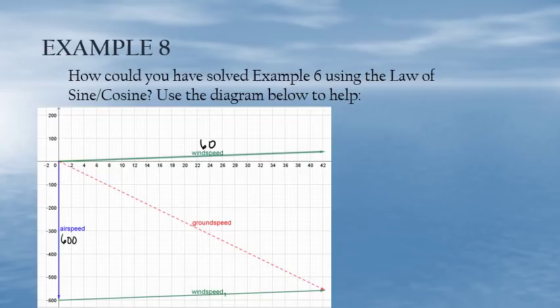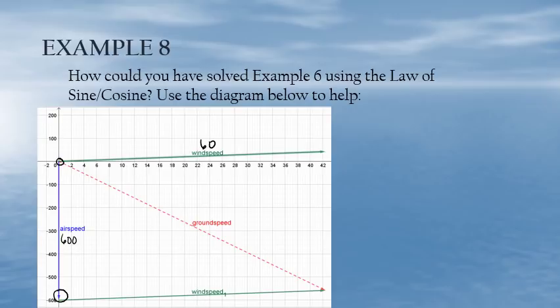In fact, that's what we did when we worked with components. But if I think of this as adding physical vectors on the graph, then if I want to take airspeed plus wind speed, I need to connect the terminal point of airspeed, down at 0, negative 600, to the initial point of wind speed.